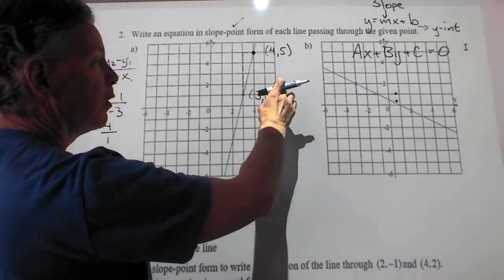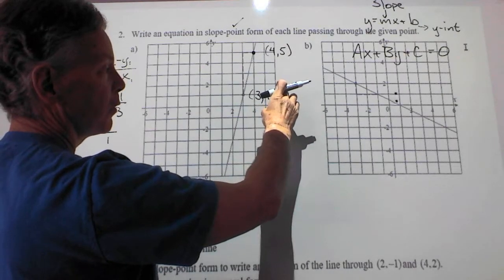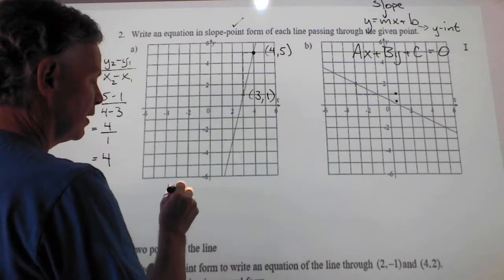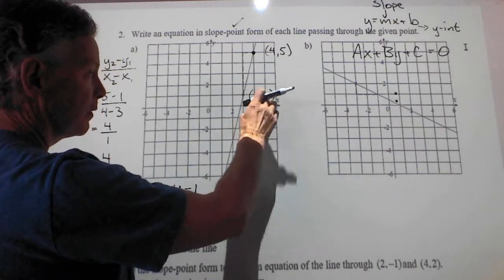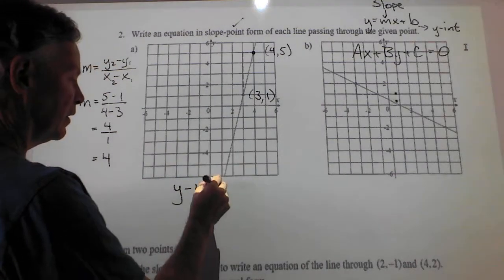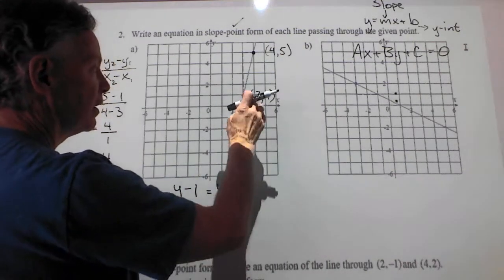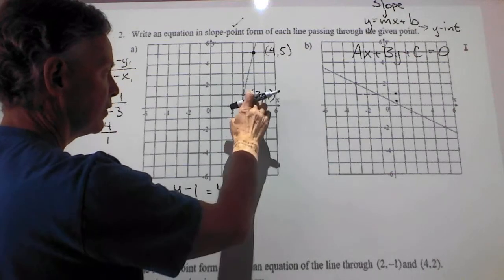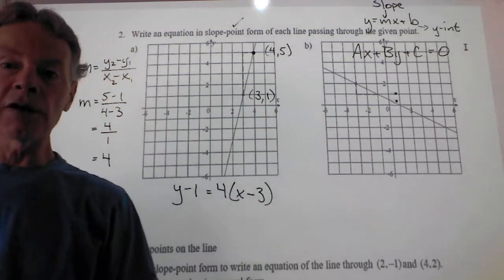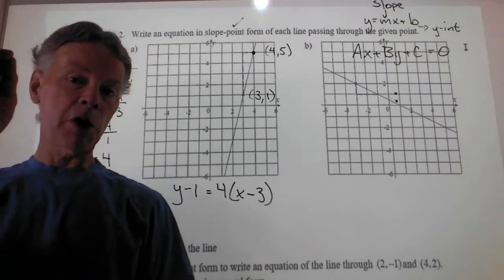We can write an equation in slope-point form using this point. It would become y minus y1, right? There's our y value, equals the slope, in this case 4, times x minus x1. This would be a perfectly reasonable answer, and you would get the big check mark.